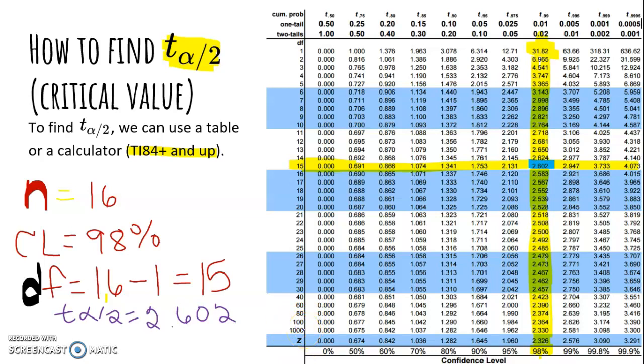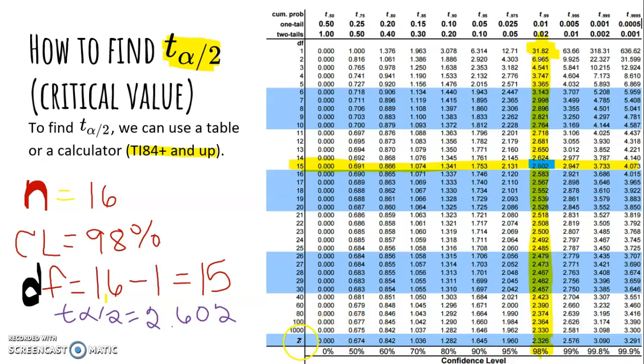Now, notice here what happens after 1,000, the next row says Z. So this is the Z critical values. If you were to do the invNorm in the calculator for a 98% confidence level, it'd be 2.326. This is going to show you how the higher the degree of freedom, the closer it gets to actually being the same numbers you would have on a normal distribution.